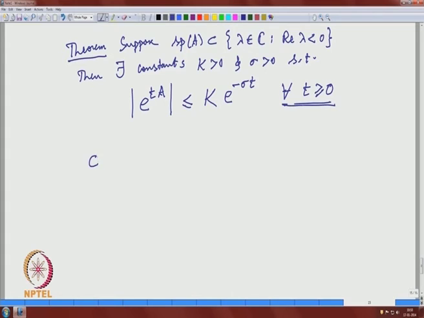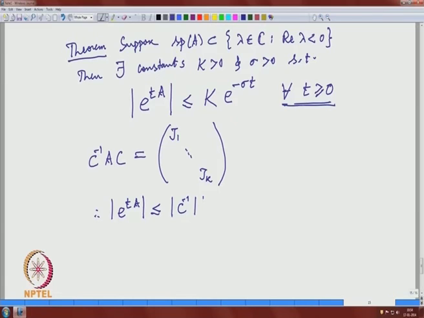All you have to use is the Jordan form, J1, J2, up to Jk. Therefore, you have the norm of e to the tA is less than or equal to norm of C inverse, norm of C, and then the norm of the block matrix e to the tJ1 up to e to the tJk. The first part is just a constant, you leave it.